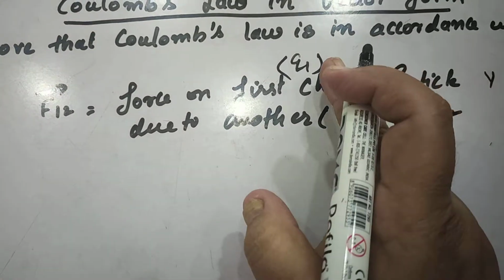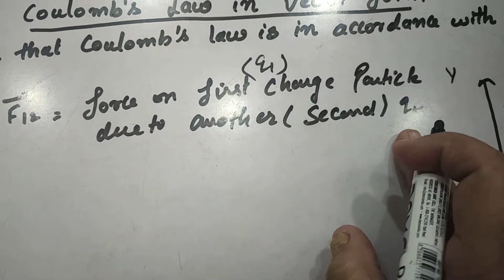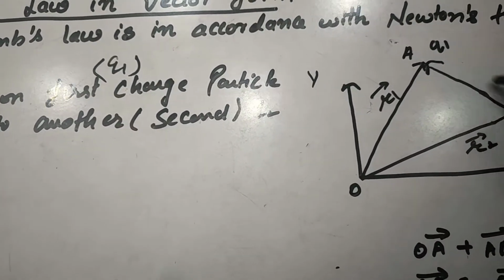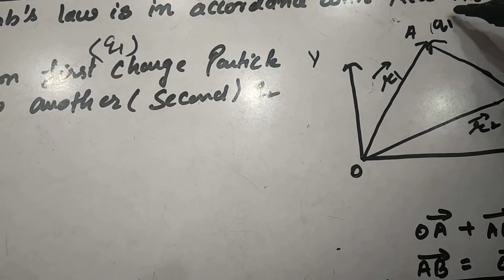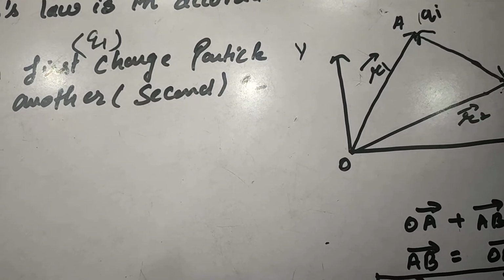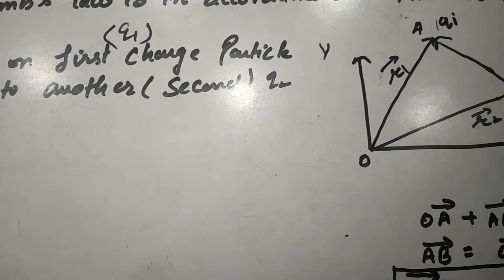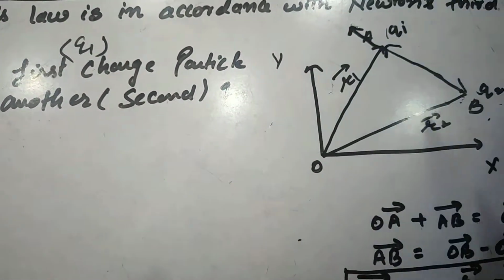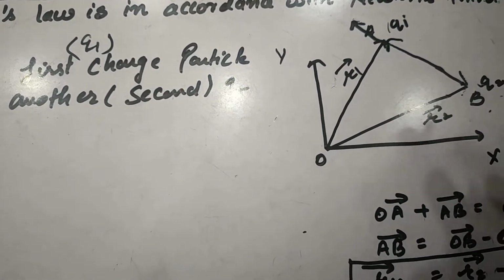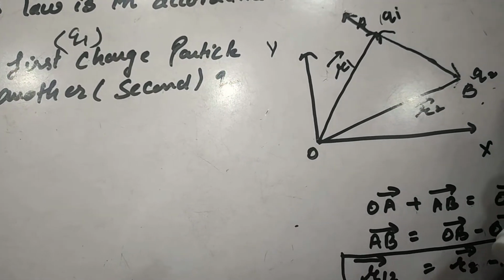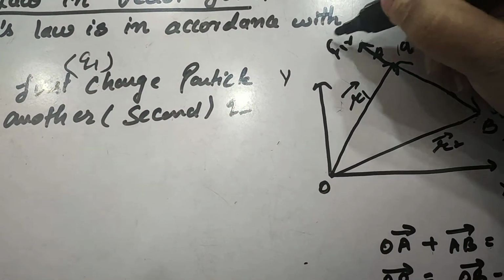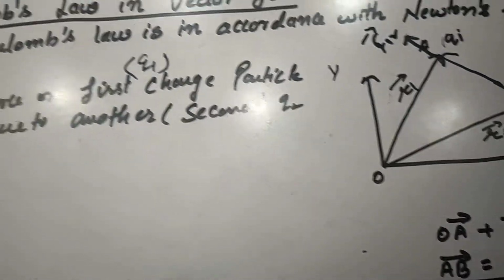F12 is the force on first due to the second. Since we are talking about two positive charges, the force on 1 due to 2 will be in this direction, because the second charge will repel it, so it will move farther away. The direction of the F12 vector will be along BA.